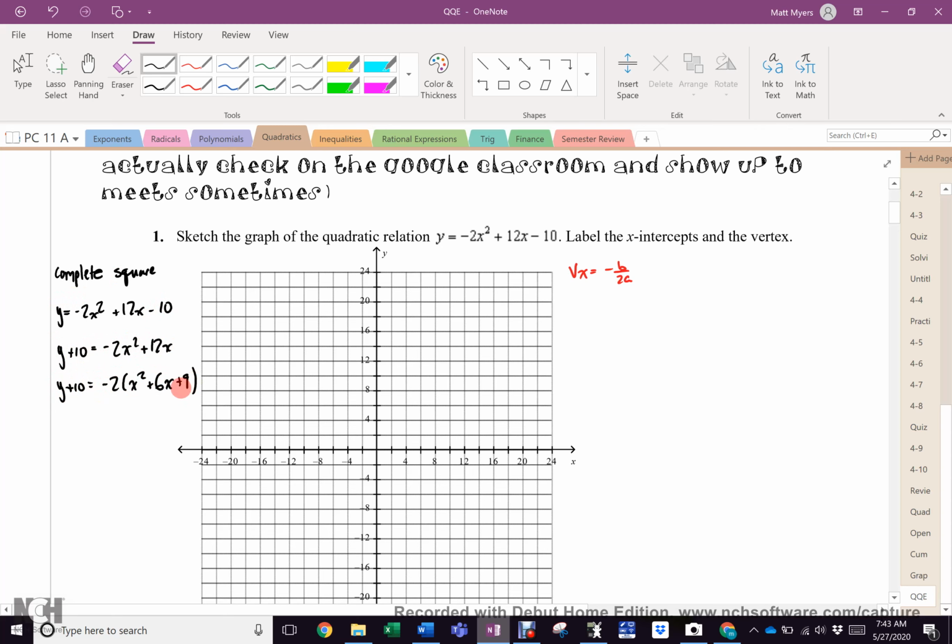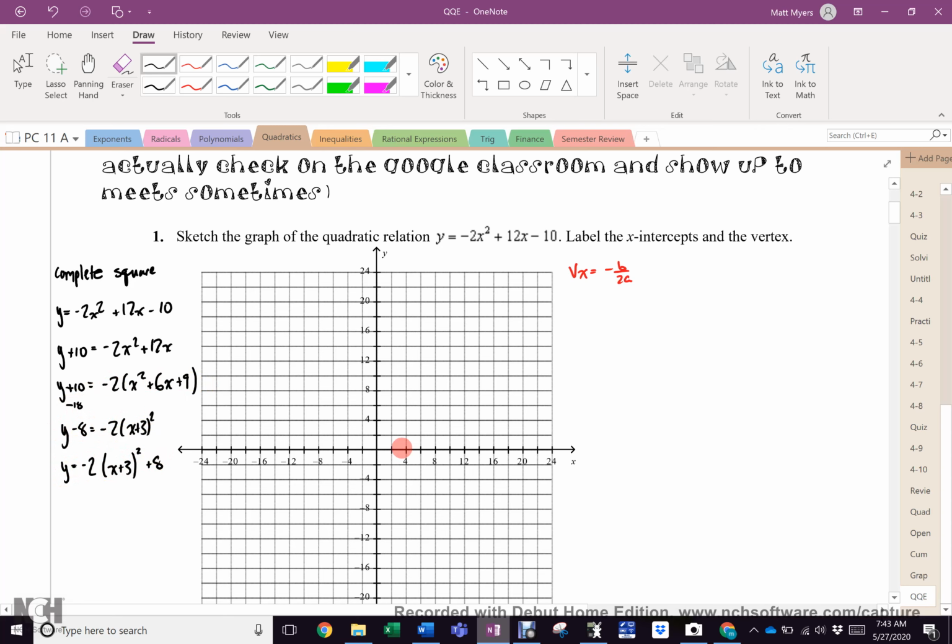So I've added negative 18 to this side because negative 2 times 9. So y minus 8 equals negative 2 times (x plus 3) squared. y equals negative 2 times (x plus 3) squared plus 8.